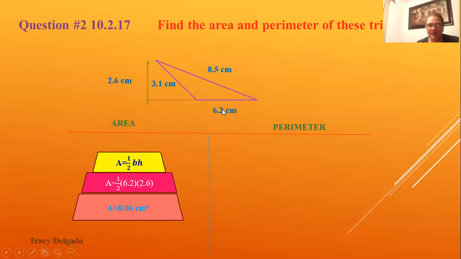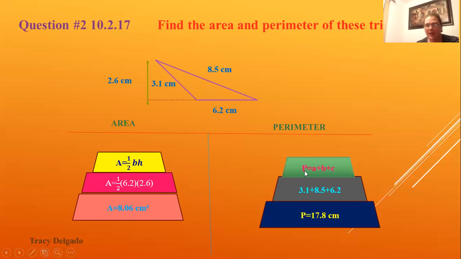That is our base is 6.2 and the height is 2.6. And that will equal 8.06 centimeters squared. And our perimeter, same thing, A plus B plus C equals, our numbers will be 3.1 plus 8.5 plus 6.2. So our perimeter equals 17.8 centimeters.